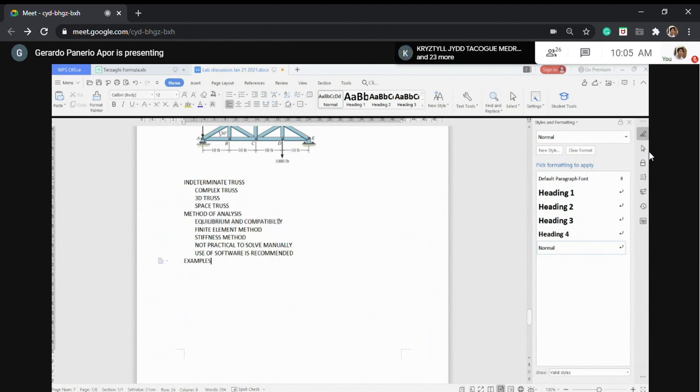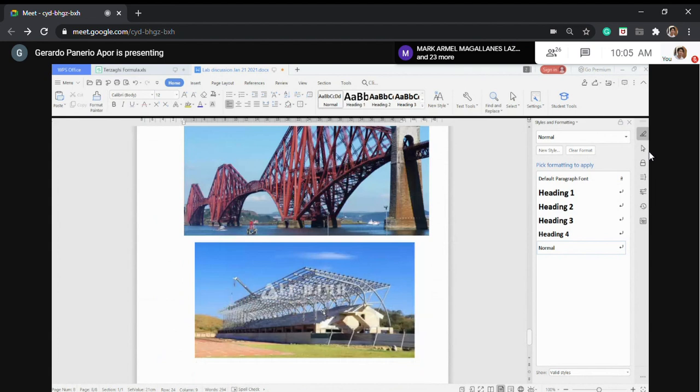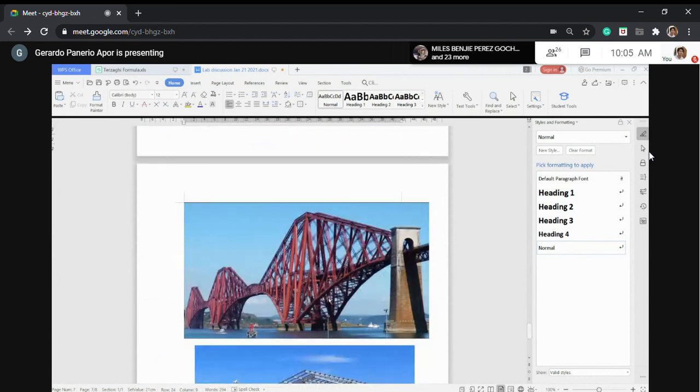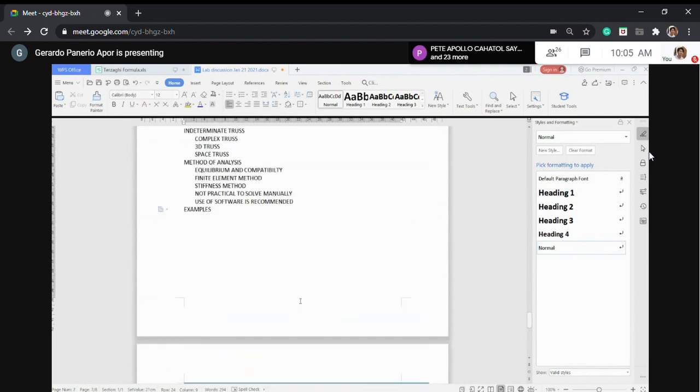Now, these two are present in what we call the finite element method and the stiffness method. And it's not practical to solve it manually unless it's very simple, the simplest of all. But this one is not simple. The degree of indeterminacy of this kind of structure is already in the thousands.